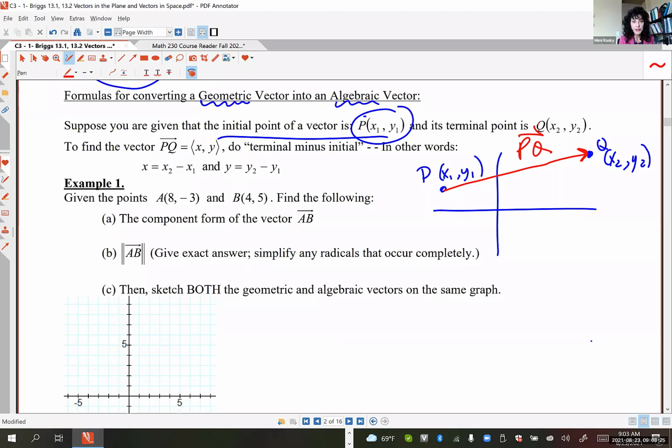How would you put this vector into standard position? So what does that mean? It means you're going to take this vector PQ and translate it so that you maintain its integrity. And when I say maintain its integrity, what that means is you still want it pointing in the same direction and you still want it to have the same magnitude.